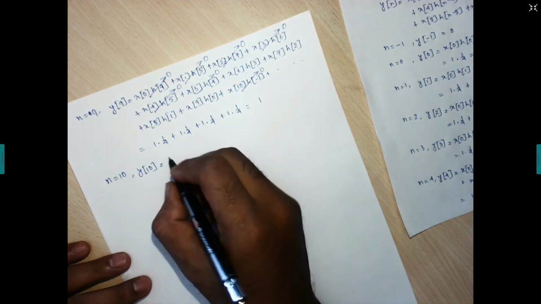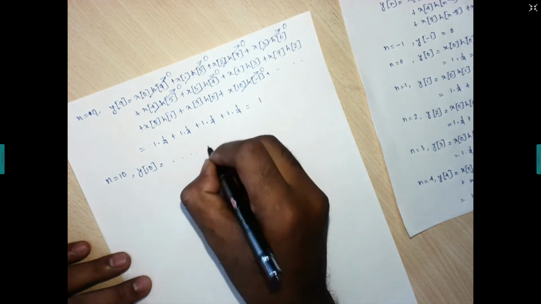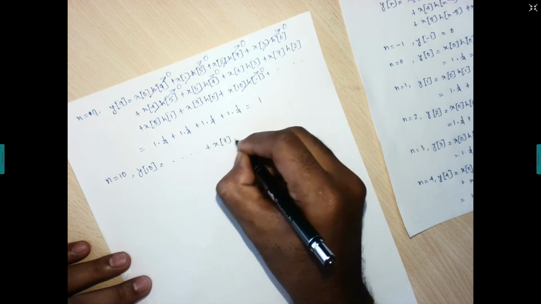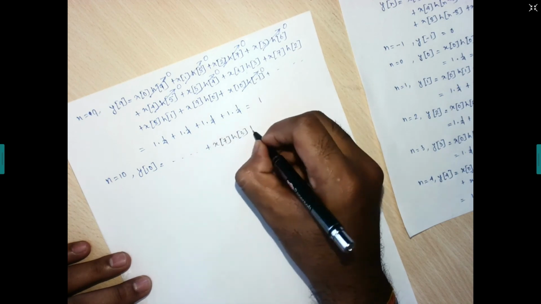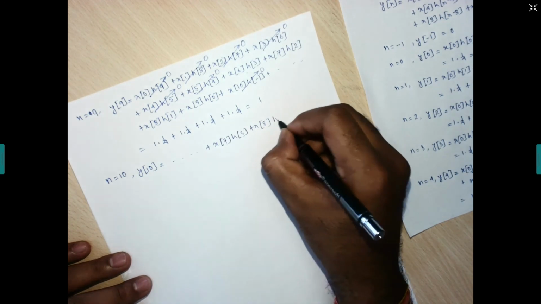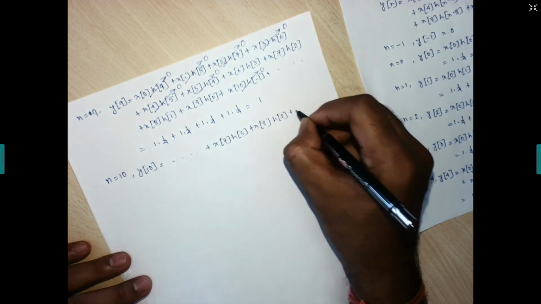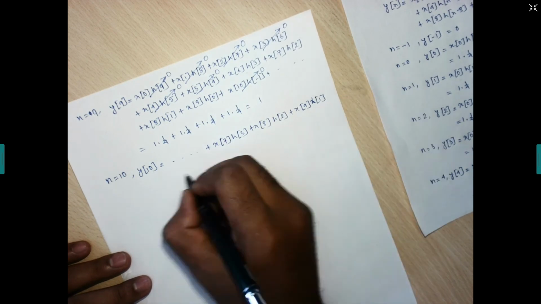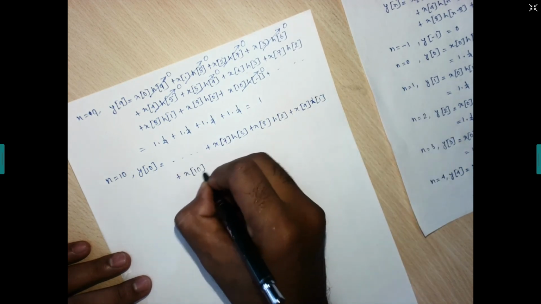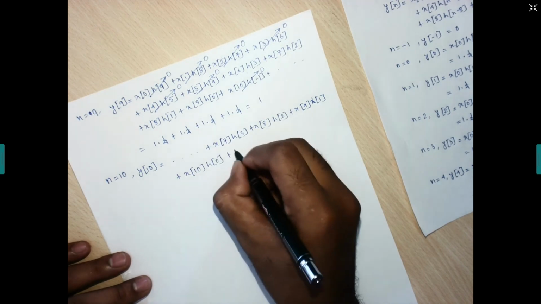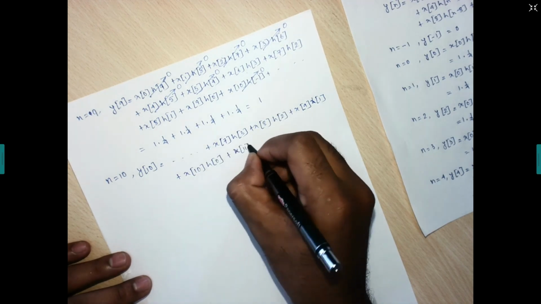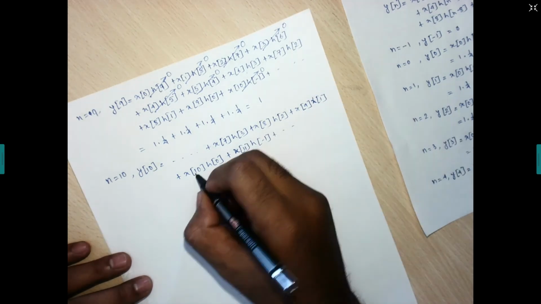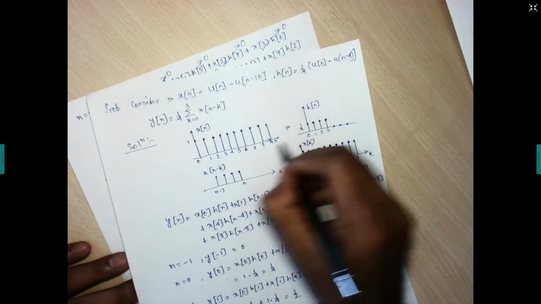So beyond that I am not writing the rest, we will start from x of 7 h of 3, then x of 8 h of 2, then x of 9 h of 1, then x of 10 h of 0, then x of 11 h of minus 1, and beyond that. If we look at this, x of 10 is again 0 because no samples exist beyond 9.